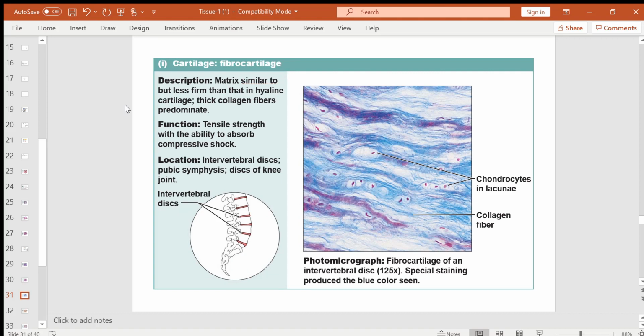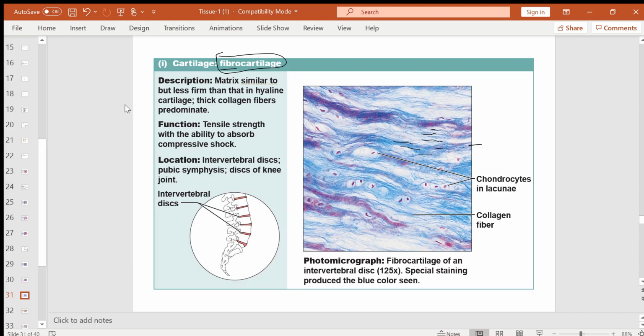Fibrocartilage, another type of cartilage, and you see the name fibro. That means you have a lot of fibers. So here you can see a lot of fibers, blue stained or colored fibers.